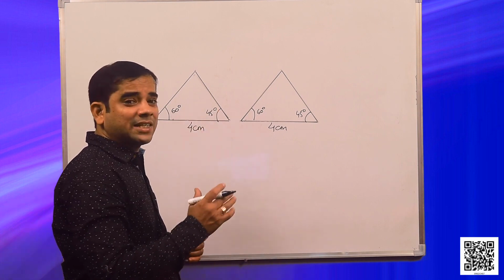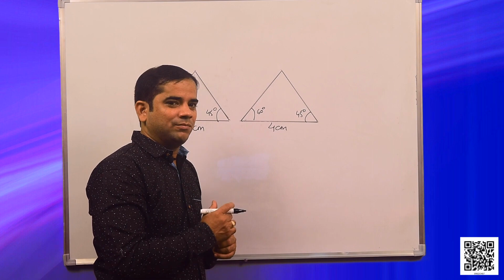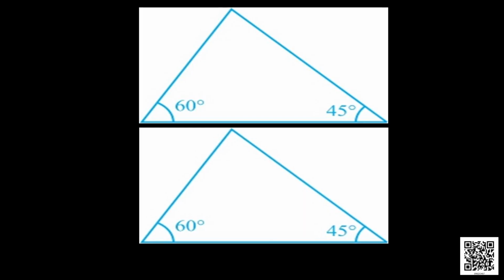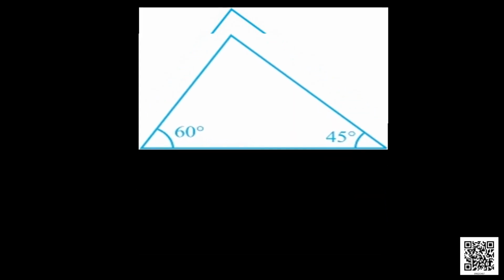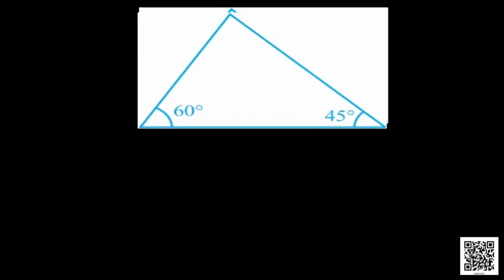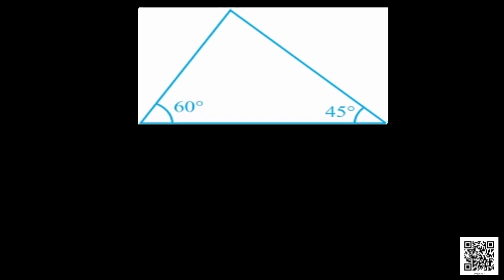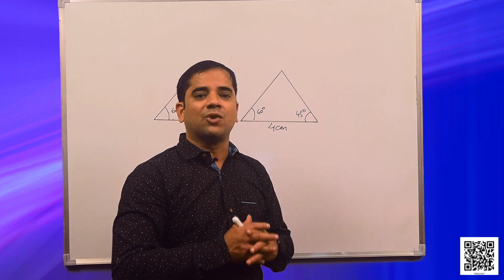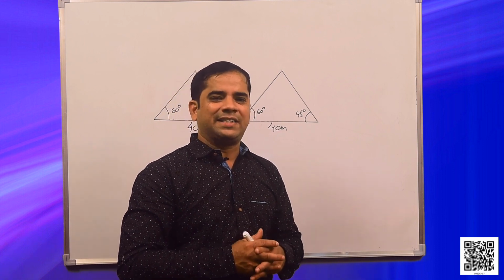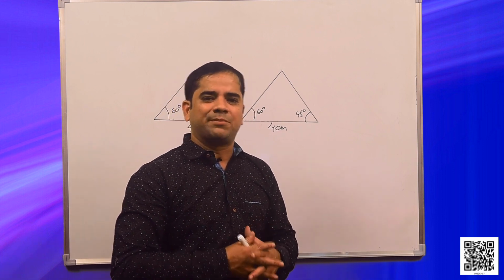Okay. So, let us see it practically. Let us cut out these triangles and place one triangle on the other. What do you observe? See that one triangle covers the other completely. That is, the two triangles are congruent. Repeat this activity with more pairs of triangles.